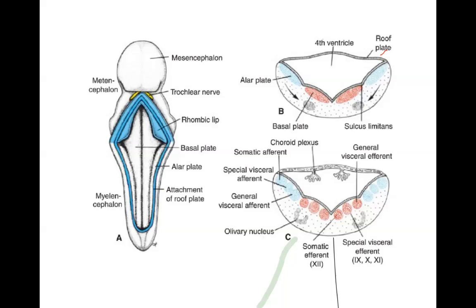Now this diagram on the left, I'm not going to talk about it right now because I think that we need to understand how these alar and basal plates are arranged.